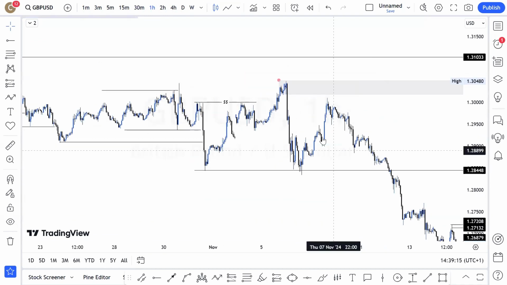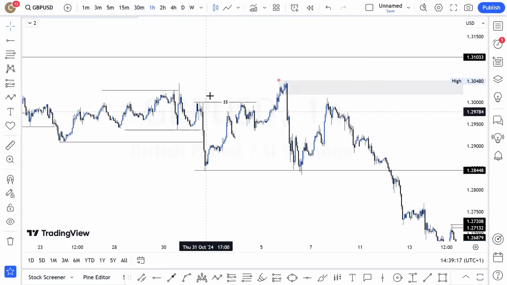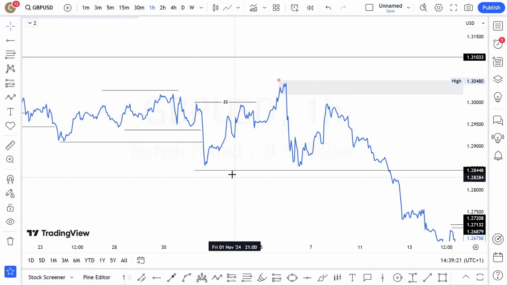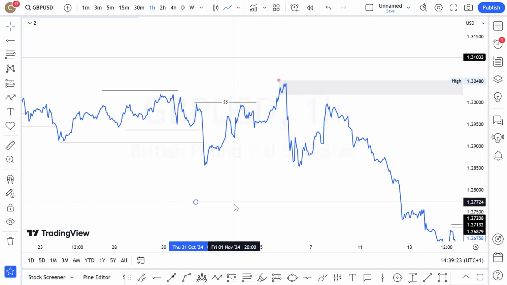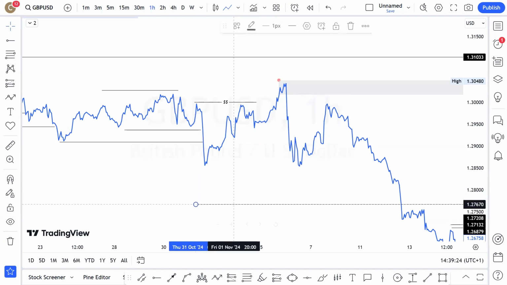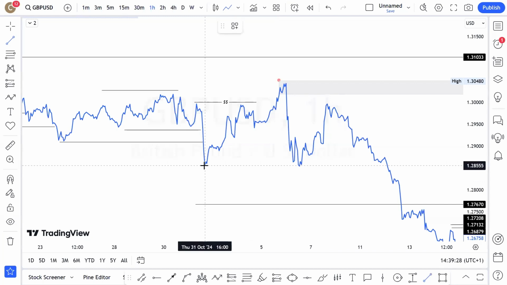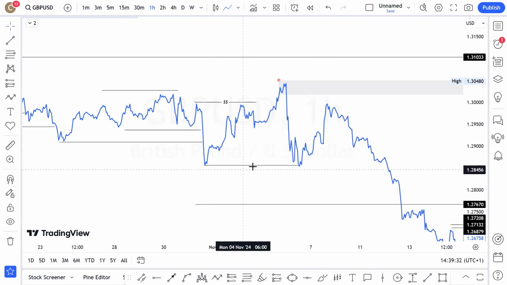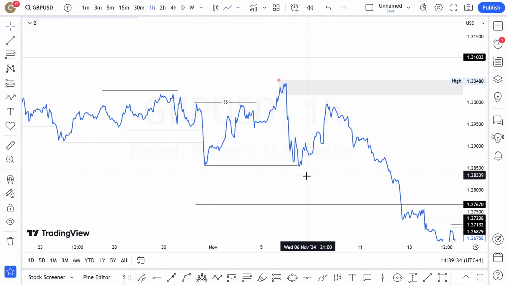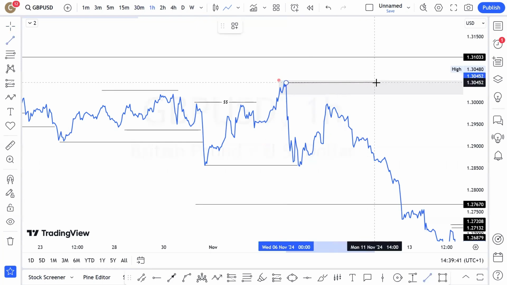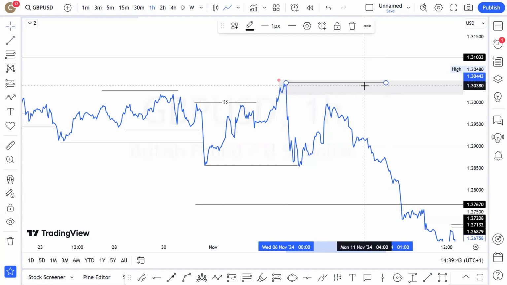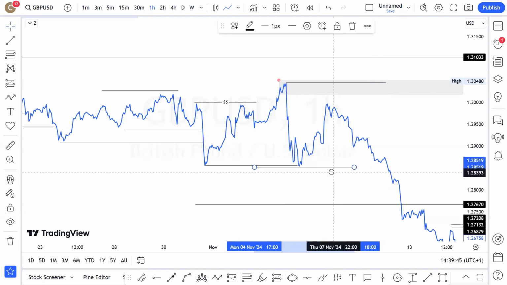If you see what price did here, going to line charts, you see that actually there was a break of structure here. The market took out this low to give us a lower low, meaning our trending range has now shifted from this high to this low.